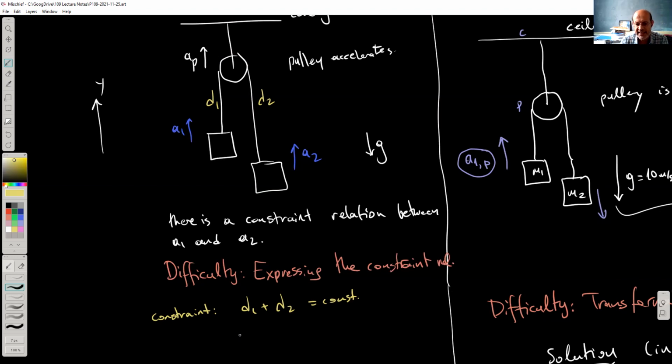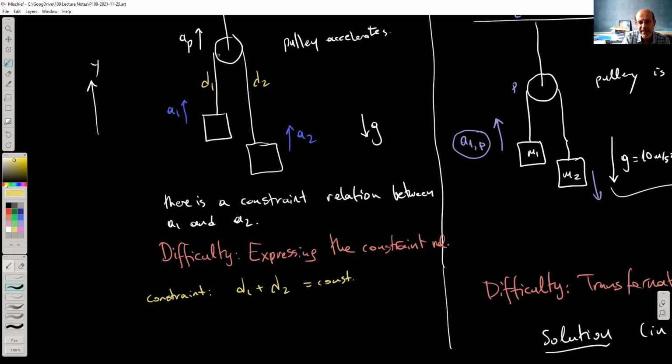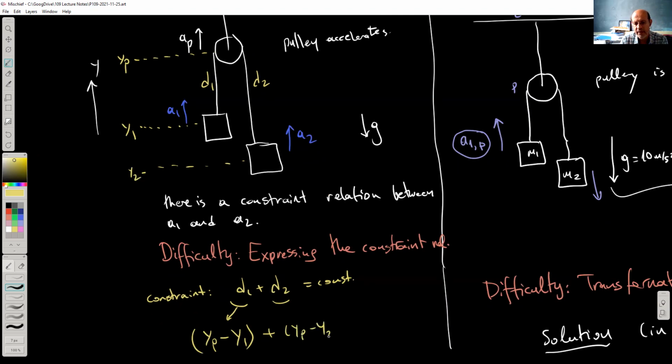So what is that distance D1? D1 is basically the position of the pulley minus the position of the first block. So for D1, I'm going to write position of the pulley minus the position of the first block. For the second distance, I'm going to write again the position of the pulley minus the position of the second block.